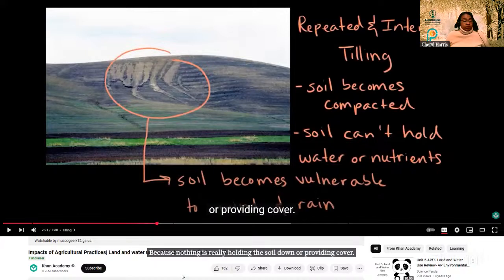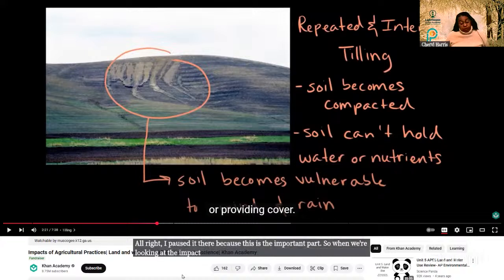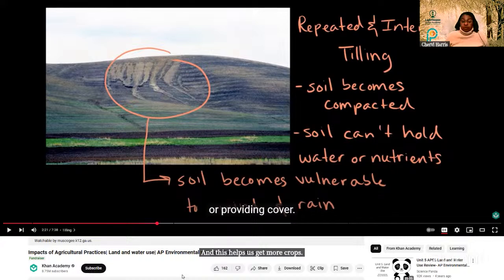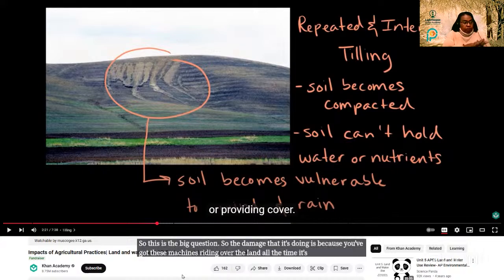All right, I paused it there because this is the important part. So when we're looking at the impact, yes, tilling is good, and we've advanced our techniques in tilling, and it helps us get more crops in an easier fashion. But what is it doing to the soil? So this is the big question. So the damage that it's doing is, because you've got these machines riding over the land all the time, it's pushing the soil down and it's getting really hard and compacted. That's underneath.